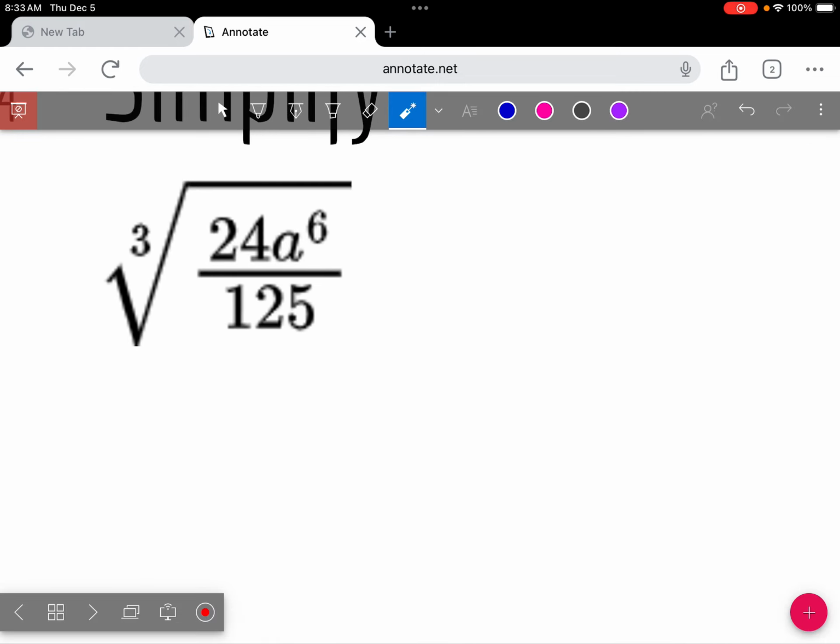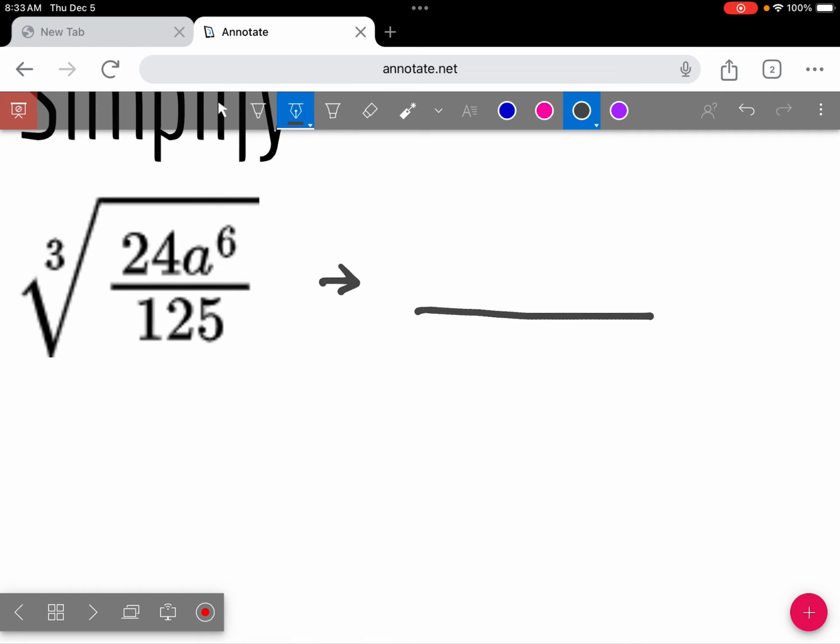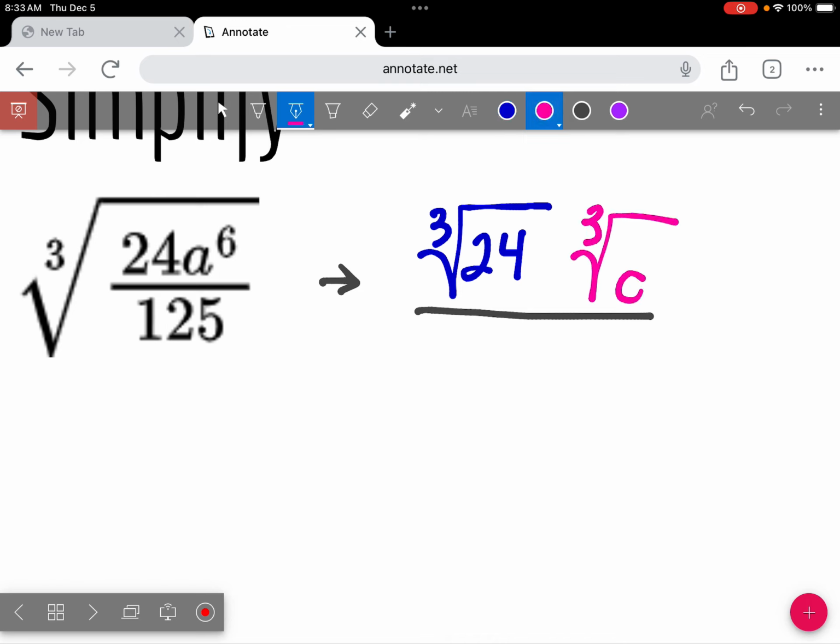So what we're going to do is use both the quotient property and the product property to split up this cube root and make this something that's way easier to work with. Because we're going to do our cube root of 24, our cube root of a to the 6th, and our cube root of 125.